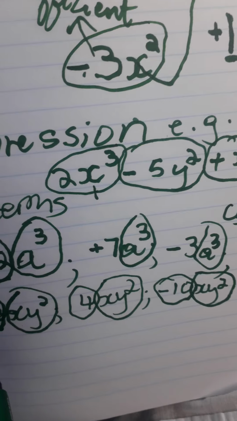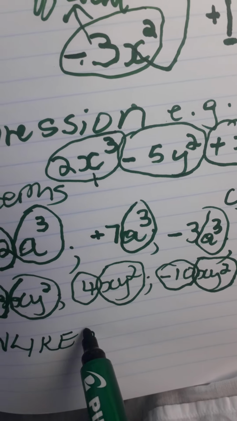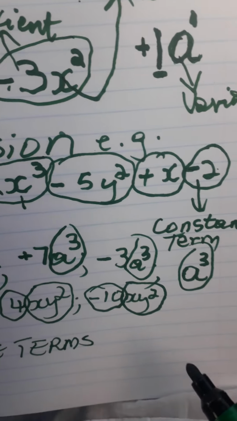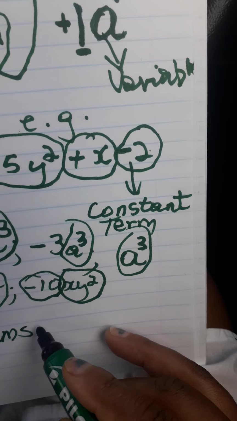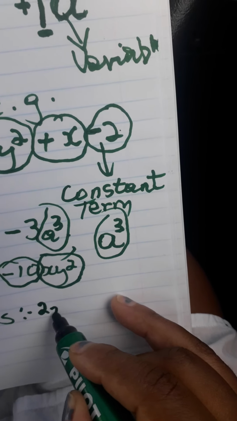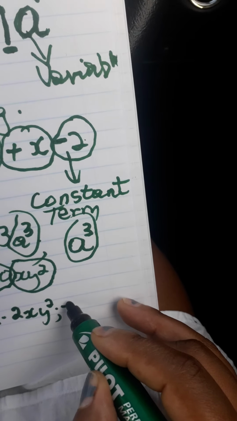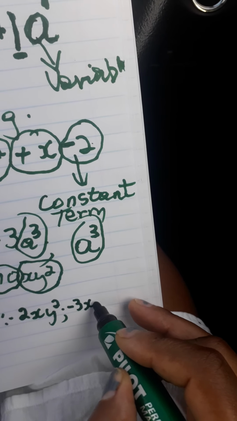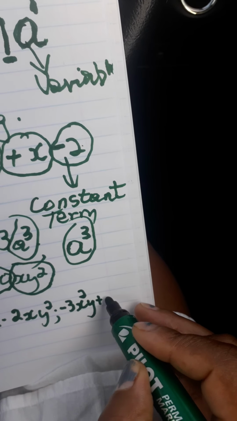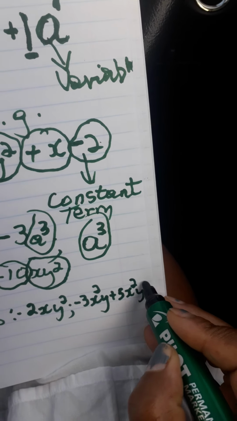When I come to unlike terms, you must not get confused, because mathematics can trick you. Let me say you are given this example: 2xy squared, 3x squared y, and 5x squared y squared.